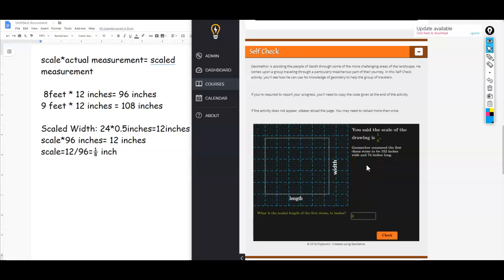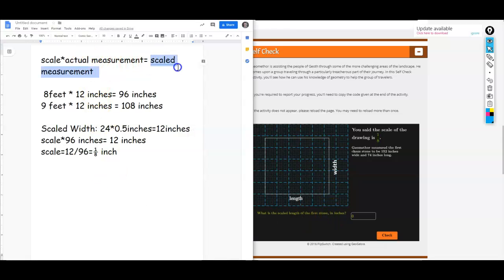Okay, so Geomathor measured the first chaos stone to be 152 inches wide and 74 inches long. What is the scaled length of the first stone? Okay, so we are trying to find the scaled measurement, which is awesome because this basic equation is set up to equal the scaled measurement. So what we're going to do is just plug and chug repeatedly. So if we substitute the scale, which is 1/8, and that will never change, times the actual measurement. This will change depending on whether they're wanting us to find the length or the width.